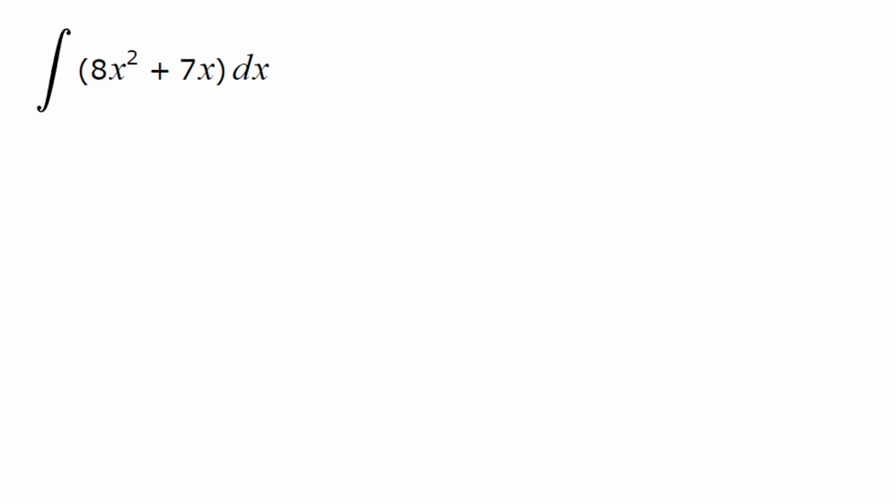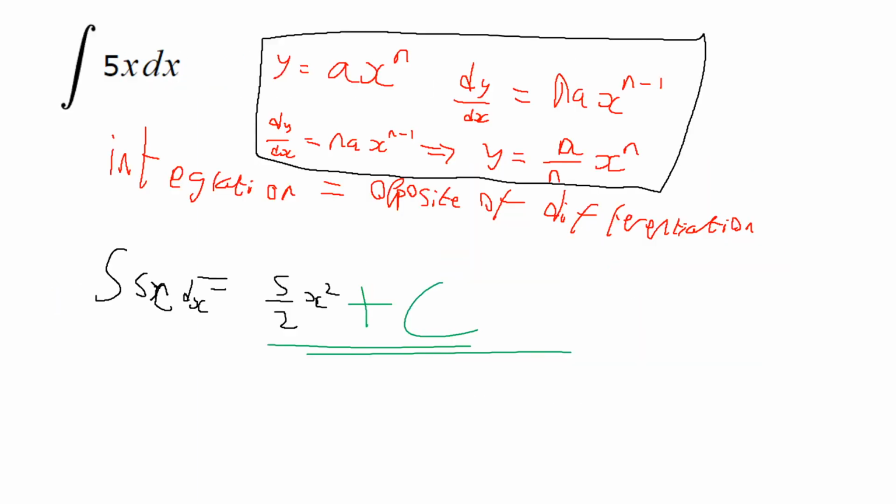So, we're doing the integral of 8x squared plus 7x dx. First thing we want to do is we know that the integral is just going to be the constant over the power plus 1 times x to the power plus 1.